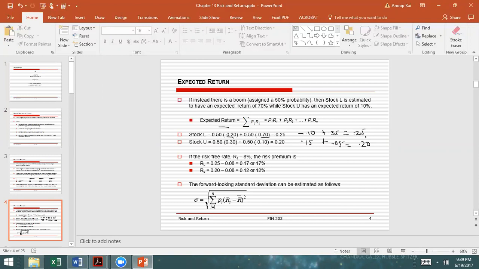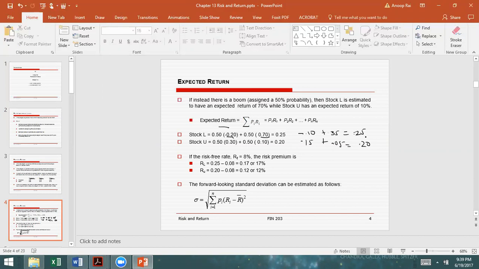If you had a risk-free rate, for example, one of your opportunities is to either put money in a bank or invest in a government bond, let's say the government bond because it's the safest, and it's giving 8%. Now what we're saying is if you invest in the stock, you may take a risk, but the risk premium you may bear is about 17%. It's 25% minus 8%.